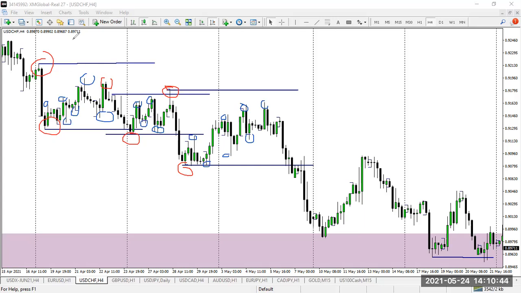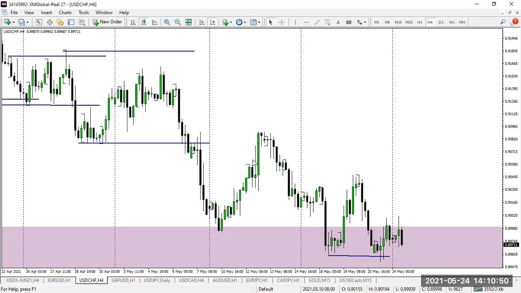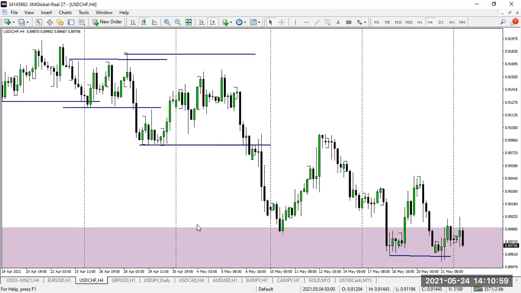That's the difference. Okay. And then lower low, lower high, lower low, lower high. Right. That's where we are right now. Yeah. So do you understand now? Yeah.